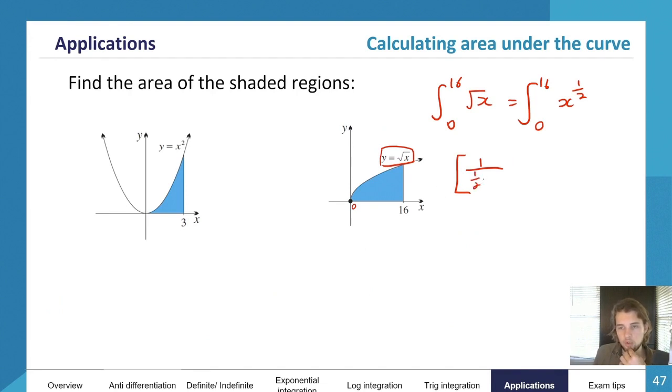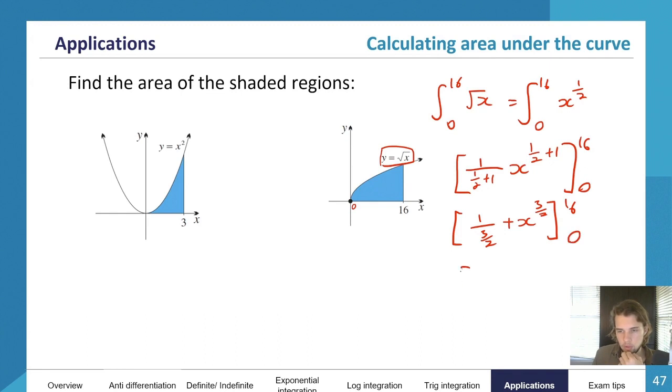So we have 1 over 2 plus 1, x to the 1 over 2 plus 1 there. And that's what we're worrying about here. So that's 1, and then there's 3 over 2 down here, plus x to the 3 over 2. Getting there, 2 over 3 times x to the 3 over 2.